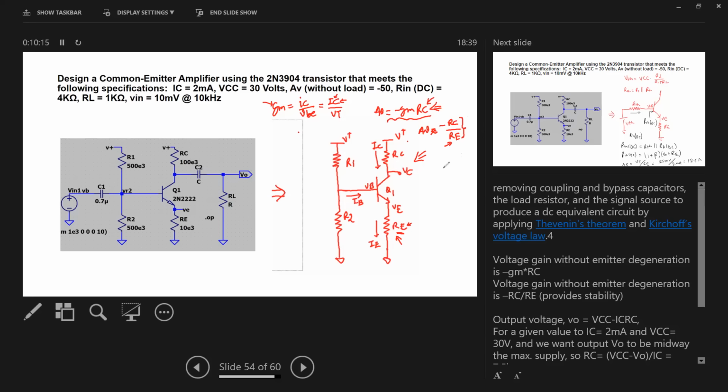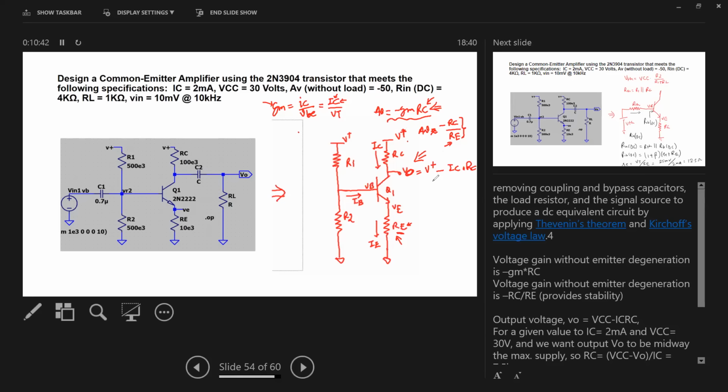So this adjustment provides a relatively stable circuit. The output voltage VO is given as V plus, or call it VCC, minus IC times RC.